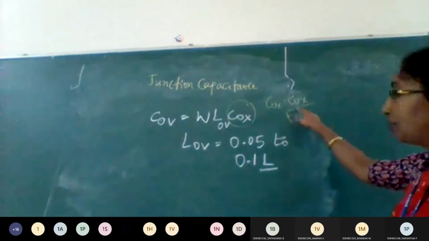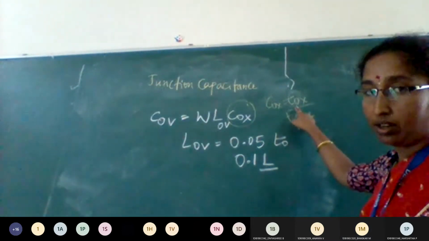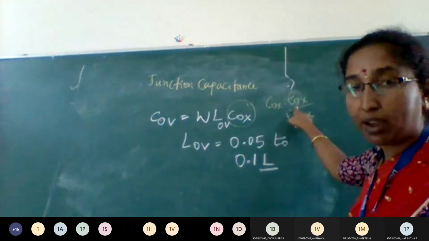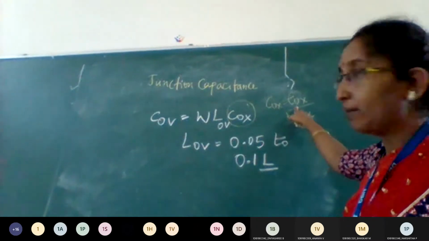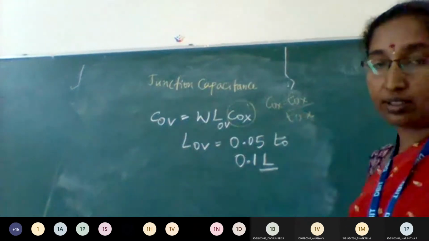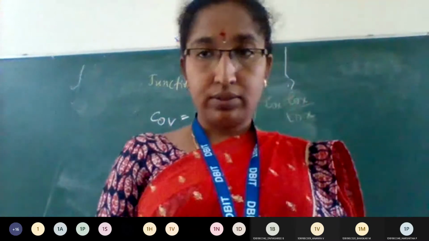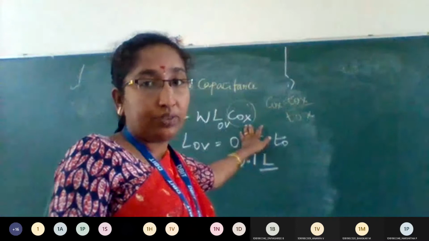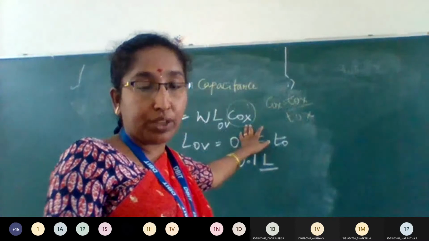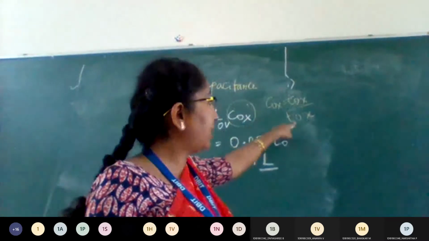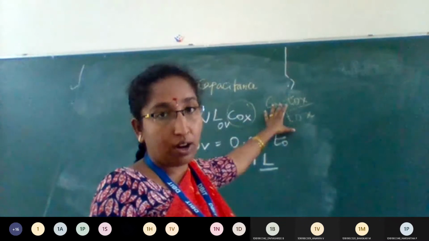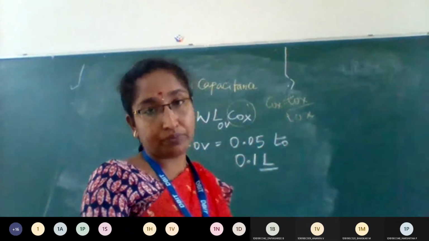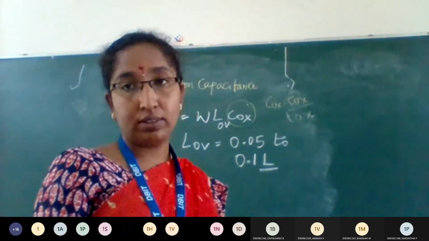So the permittivity is 3.9 times epsilon naught, where epsilon naught is 8.854 times 10 power minus 12, divided by oxide thickness. You need COX in all the formulas. If they specify it directly, no issue. If they have not specified it and have given the thickness, you need to solve using this formula. Okay.